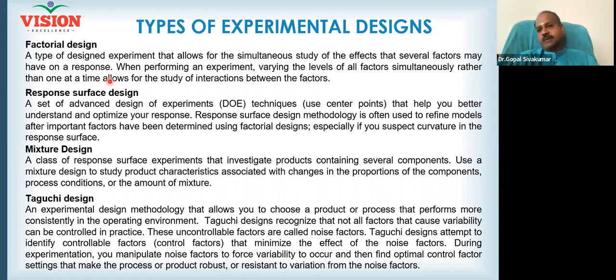That is called a factorial experiment, a factorial design. For 5 factors with 2 levels, how many experiments are required? 2 power 5, 32. You conduct all the 32 experiments. Now your design is a full factorial design.